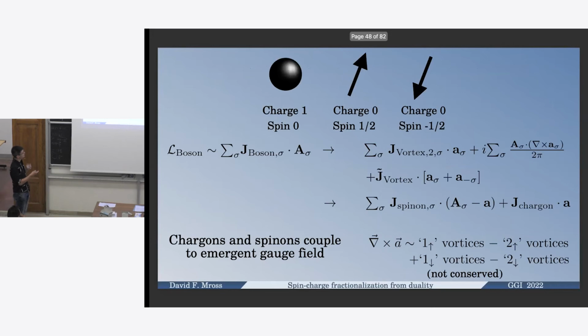It's the spinons and chargons. So they're all critical at some transition, right? There's some critical boson. They all couple to this emergent gauge field over here, but the gauge field is compact, and what kind of monopoles are allowed will depend on what symmetries you impose.